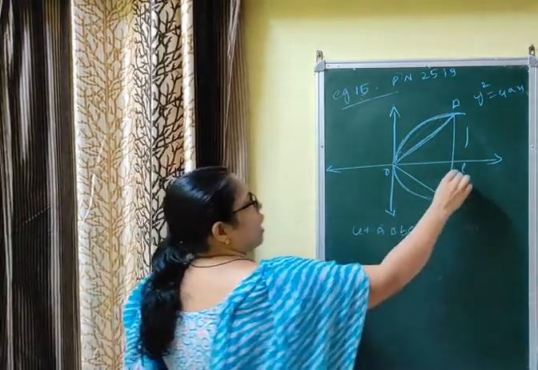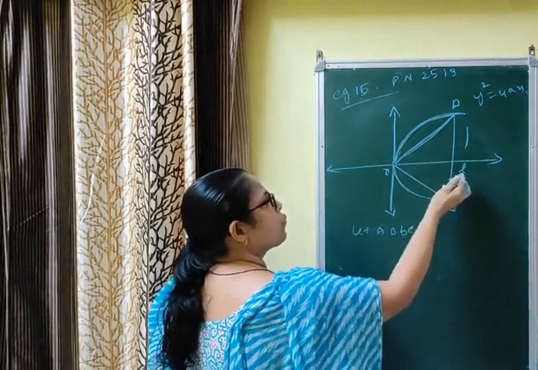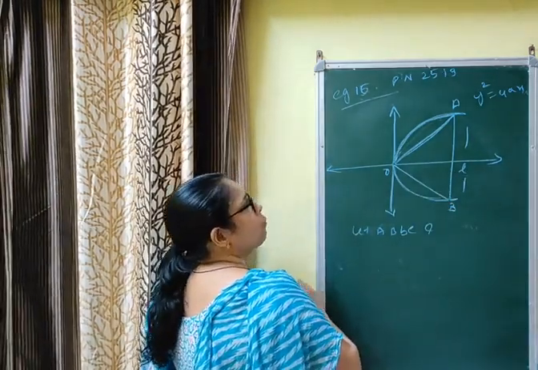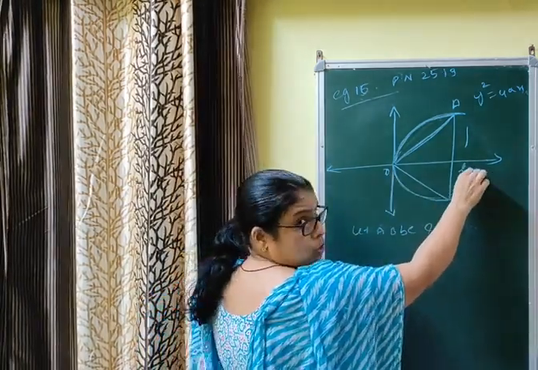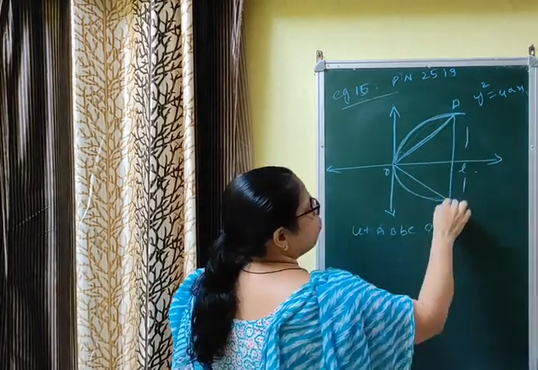Now you have to find the length of the side, the value of L. Since the axis is perpendicular to AB, AB is a double ordinate.